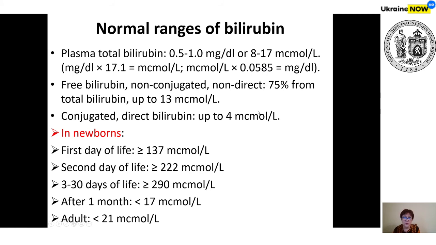Free bilirubin, non-conjugated or non-direct, as it's called, is 75% of total bilirubin and up to 13 micromole per liter in plasma. Conjugated, direct bilirubin is up to 4 micromole per liter. In newborns, there is an increased level of bilirubin due to fetal hemoglobin destruction.